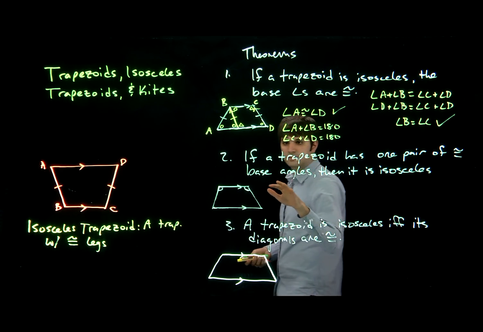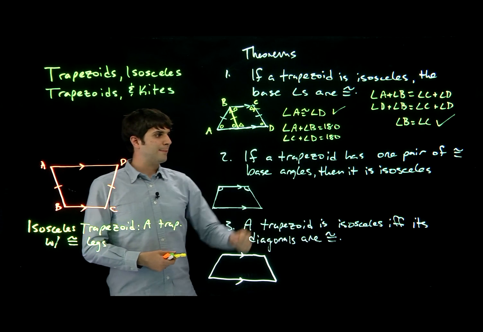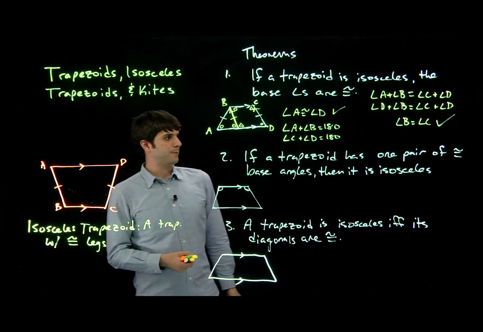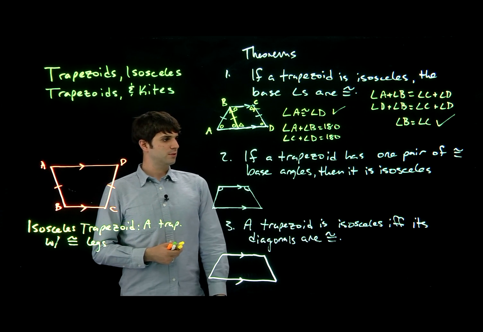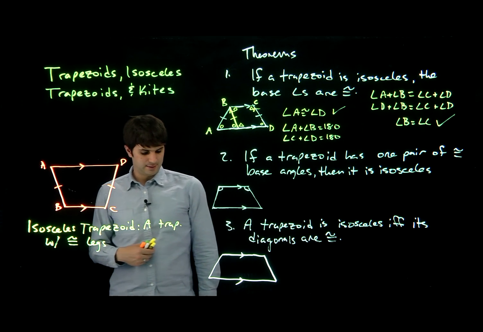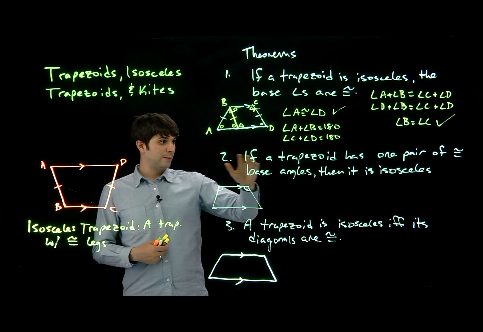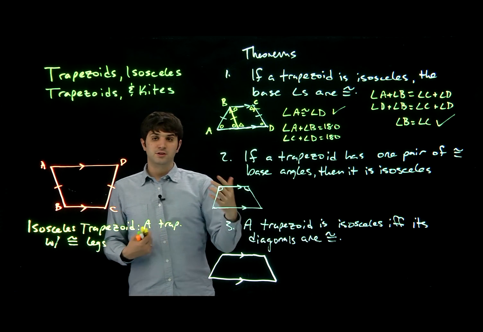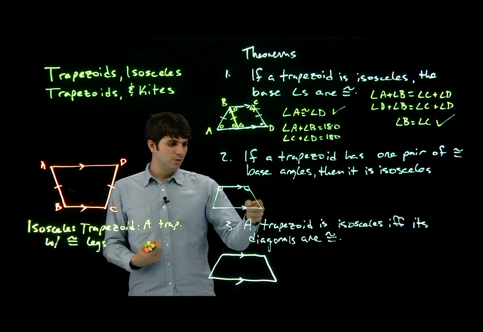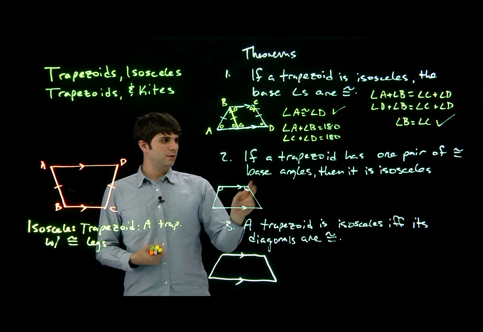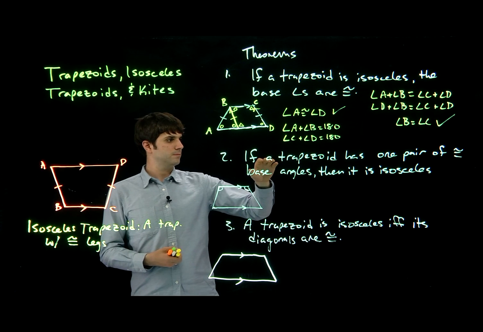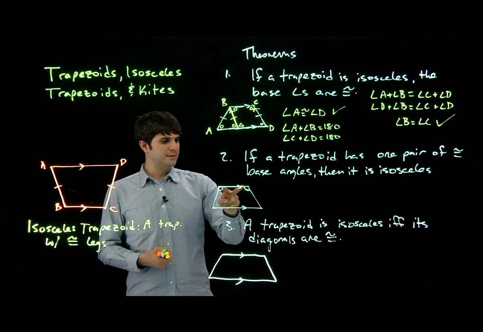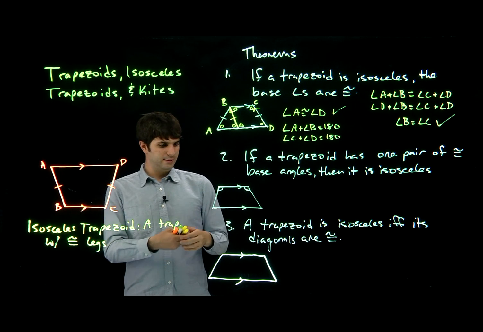Let's look at this next theorem. If a trapezoid has one pair of congruent base angles, then it is isosceles. So if a trapezoid, so again, the definition of a trapezoid is a quadrilateral with only two sides that are parallel, has one pair of congruent base angles, so that's here, then it is isosceles.